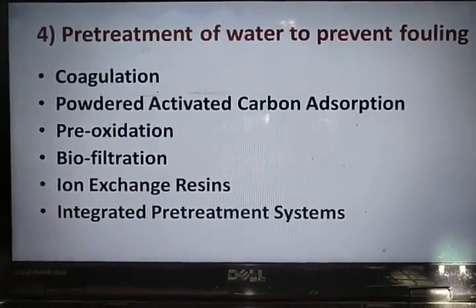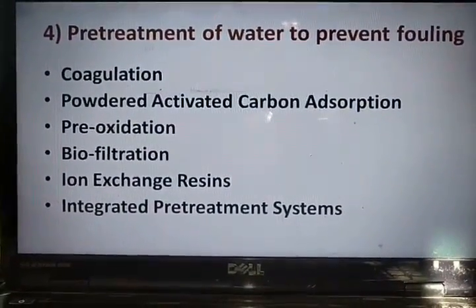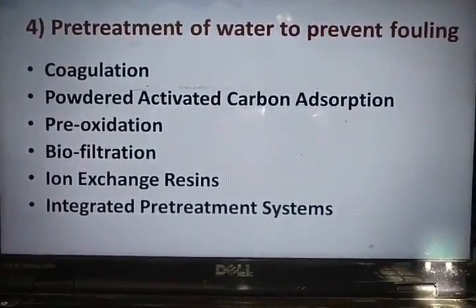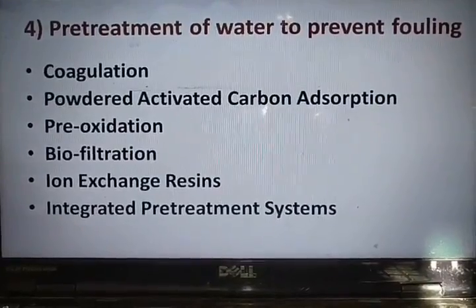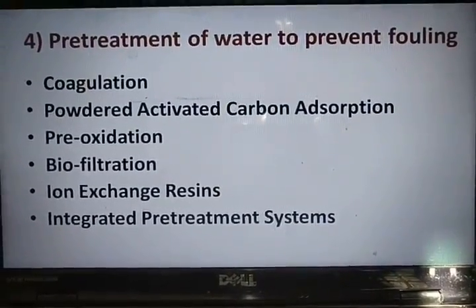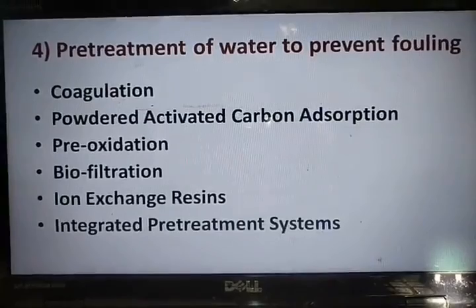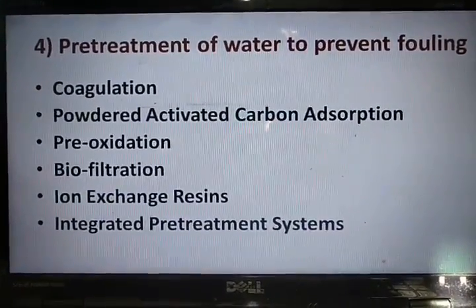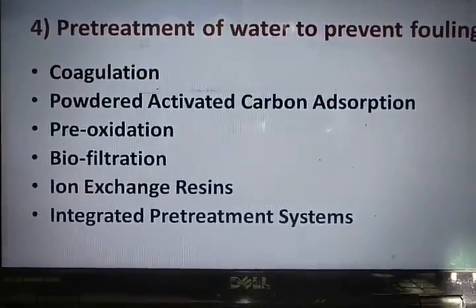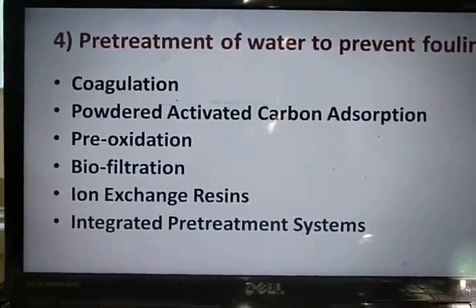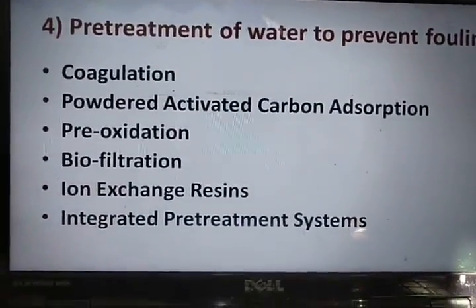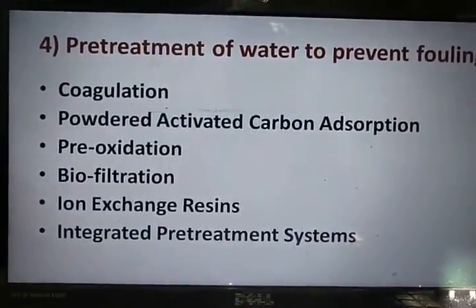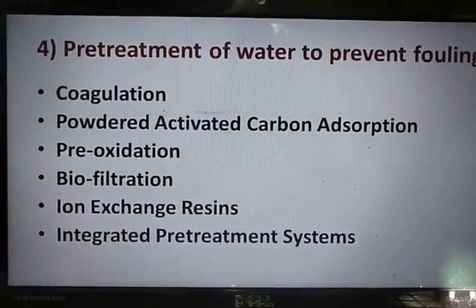Like we have already discussed some of the technologies like sedimentation, coagulation, flocculation, and apart from that, we can also use some specific pre-treatment techniques like the use of powdered activated carbon and pre-oxidation using any strong oxidizing agents, or also we can use biofiltration methods or ion exchange resins to remove the excess of hardness before using any membrane, or also we can use any integrated pre-treatment systems.